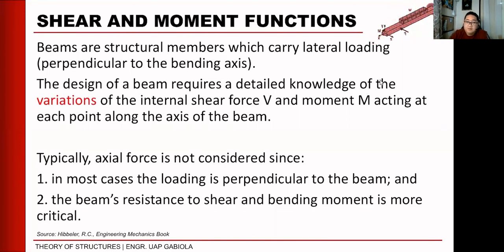Kaya the design of beam requires detailed knowledge of the variations of the internal shear force and moment acting at each point along the axis of the beam. Kasi po, depende kung hanggang saan yung hangganan ng mismong applied force natin. Nagbabago yung value ng internal force na kinakalculate natin. So from the previous lecture natin, yung internal forces na kinakalculate natin is naka-specify siya sa isang point lang, no?